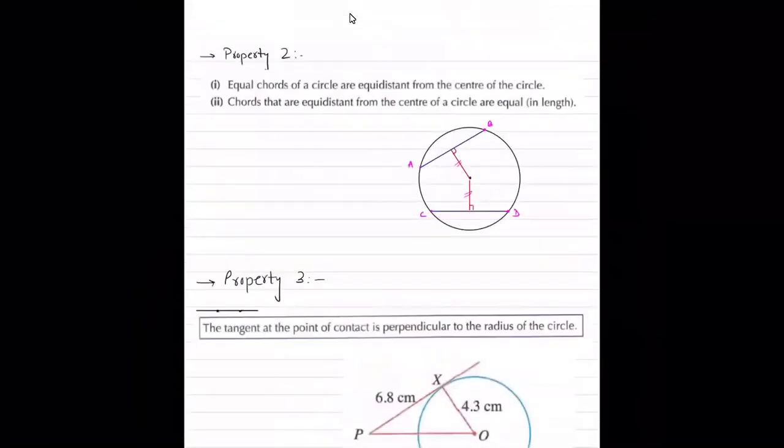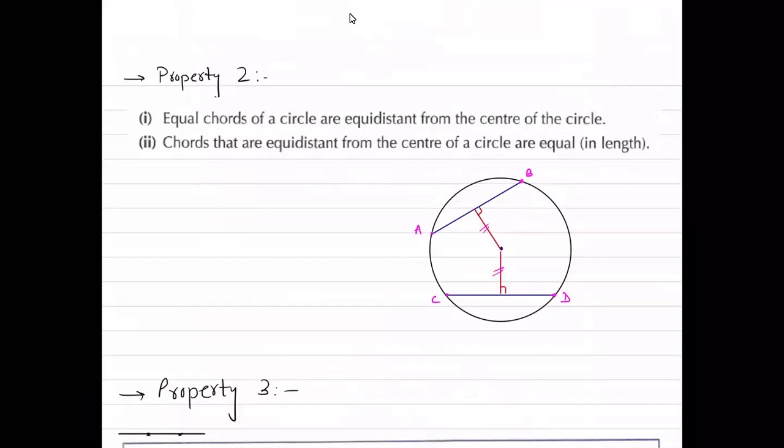The next property is that if the two chords AB and CD are equal, then in a circle, if the two chords are of equal length, they must be at an equal distance from the center of the circle. So the distance from the center must be the same if the chords are equal, or vice versa.